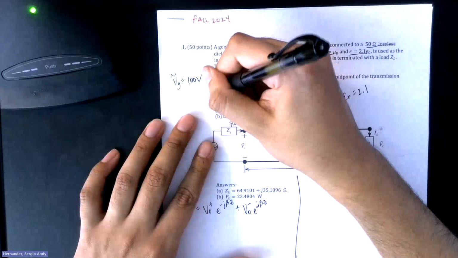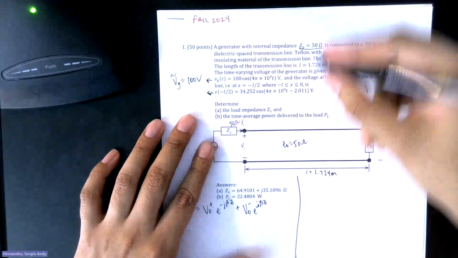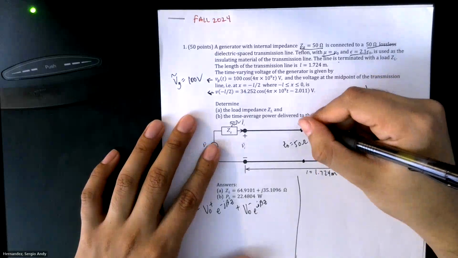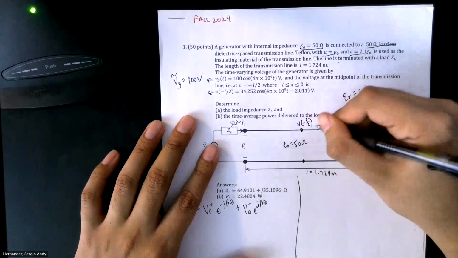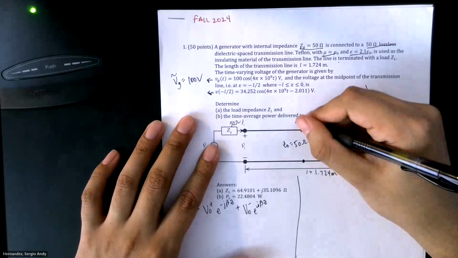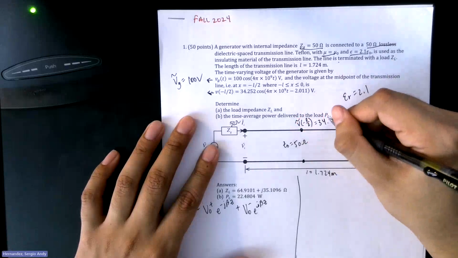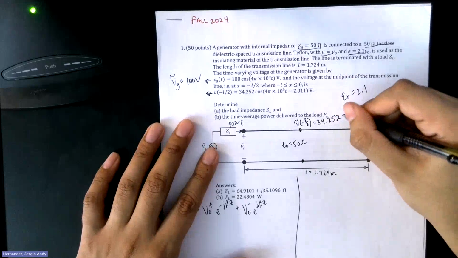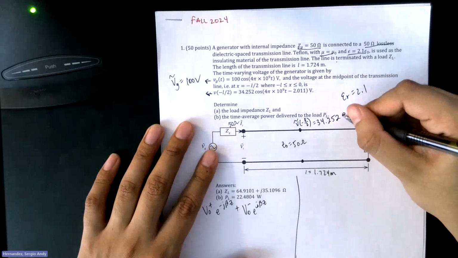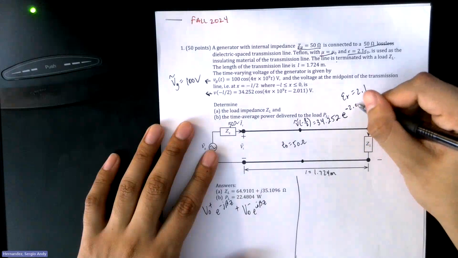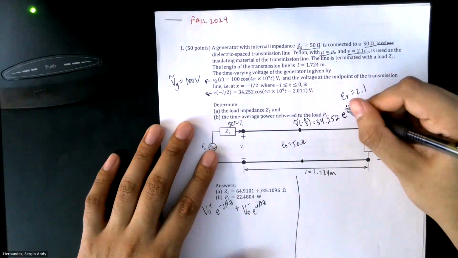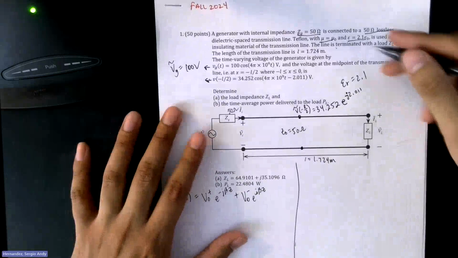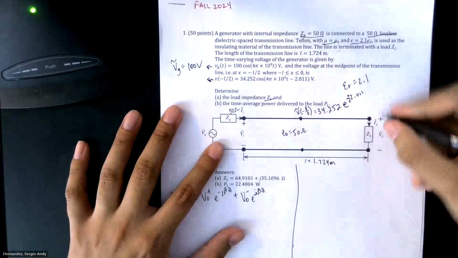And then you're given the voltage in the middle of the line, which is 34.252 minus... e minus 2.01 j. Determine ZL.